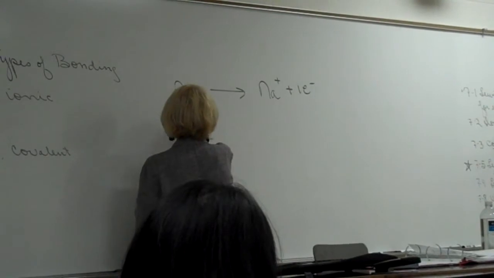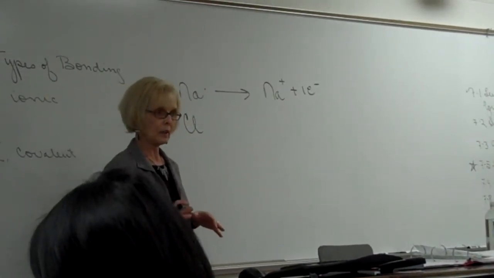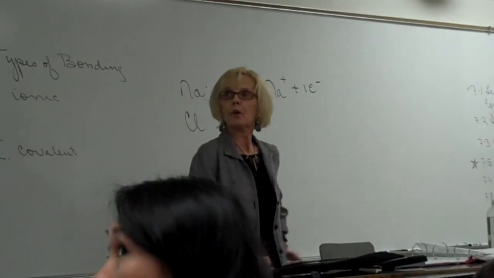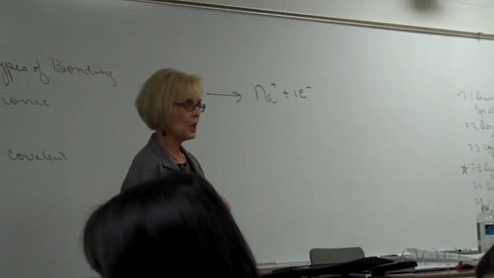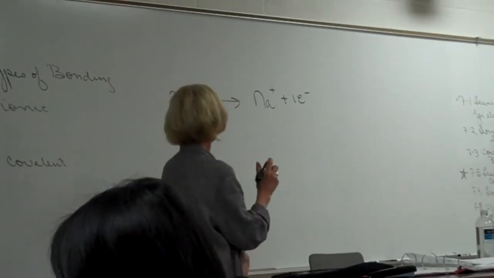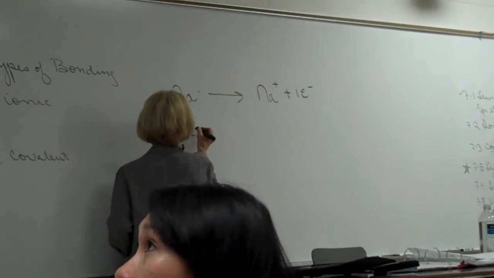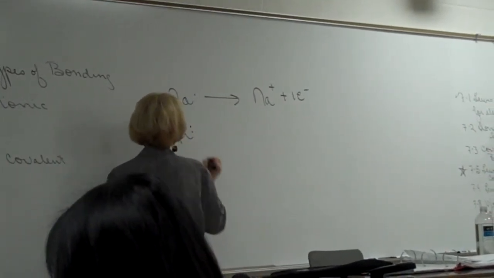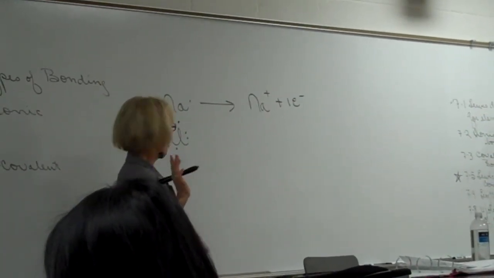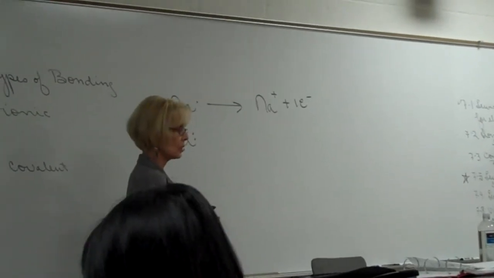Now, I have chlorine here. When you look up there for the number of valence electrons, Brittany, what would you tell me? Can you spot? 7. So I would put 1, 2, 3, 4, 5, 6, 7. Now, Nicole, what's this chlorine going to tend to do?